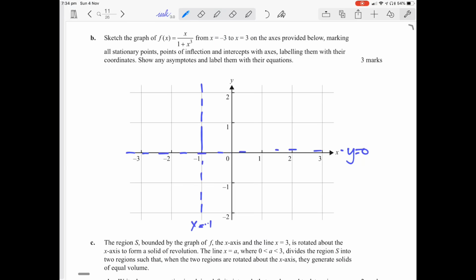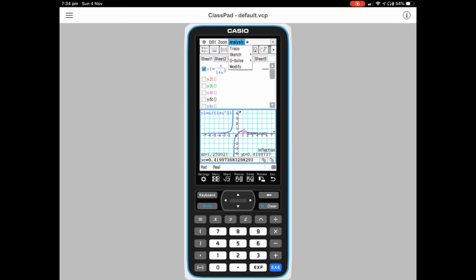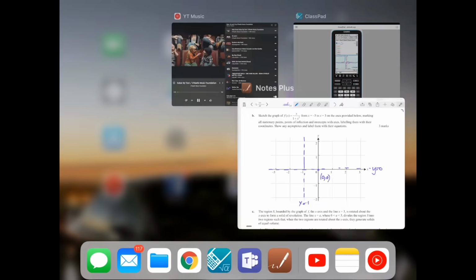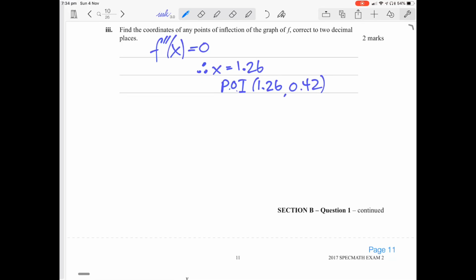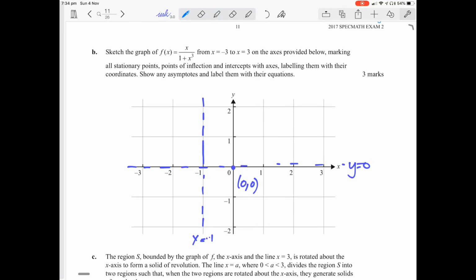Actually, we shouldn't assume that, but analysis G solve y-intercept, yeah, it is 0, 0. We've got 1.26, 0.42. That's a point of inflection.